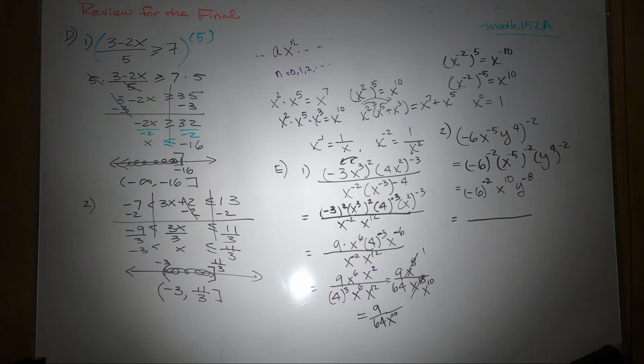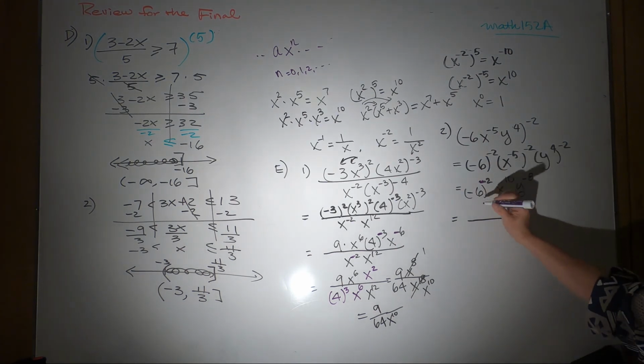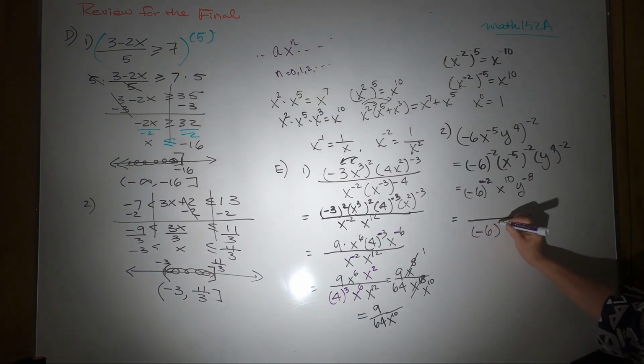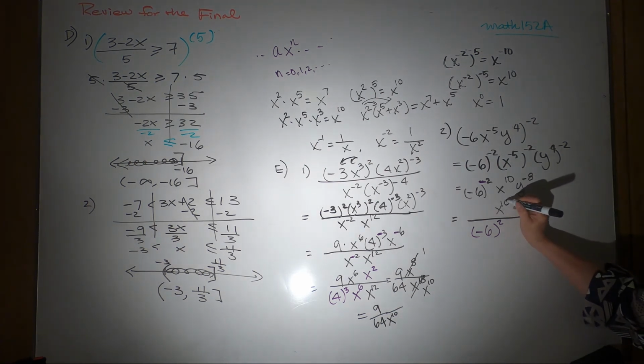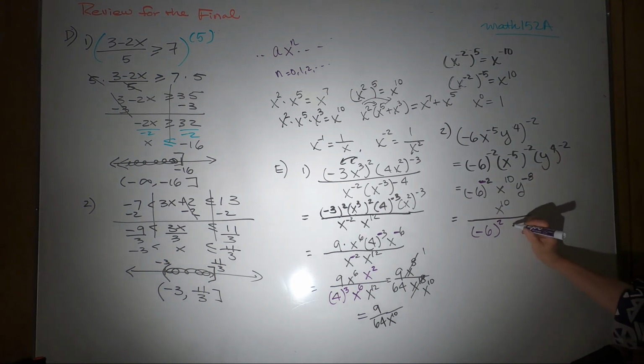And we say negative exponent doesn't mean negative. It means what? Reciprocal. So you need to flip that. Negative 6 is the whole thing, the whole base, so you need to put it inside the parentheses, right? So x to the 10th stays there. Do we flip the y to the negative 8th power?